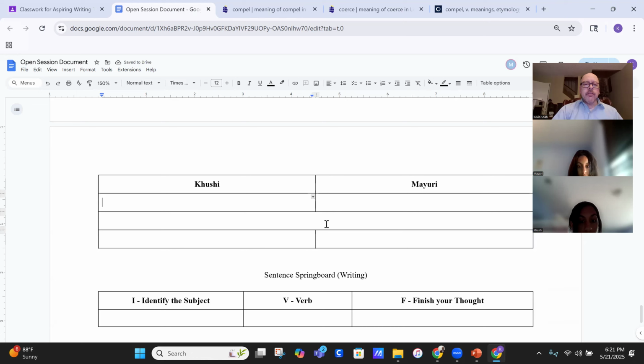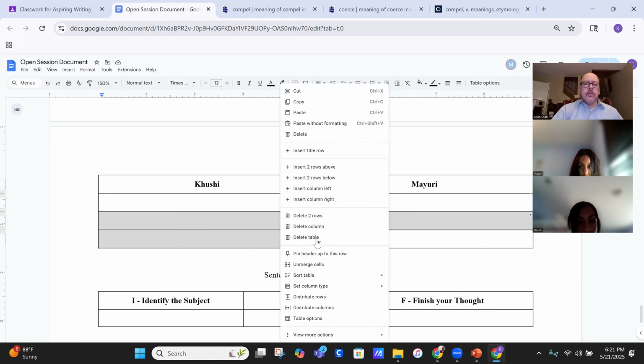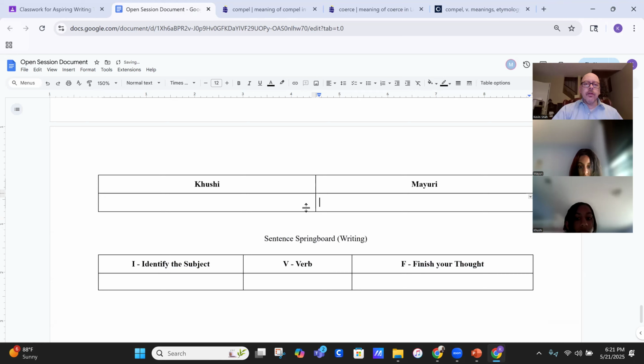Kushi, you have your writing space there. And then Meyer, you have your space right there. What? Oh, I don't like this. Delete 2 rows. Wonderful. Okay.